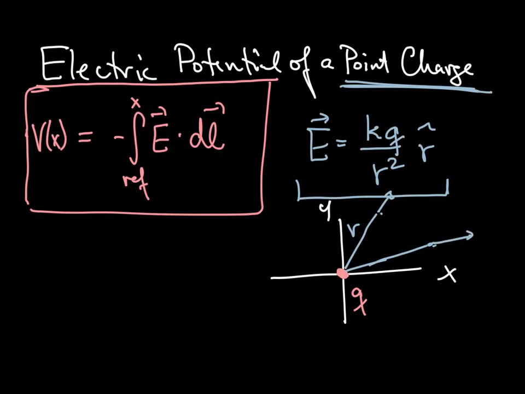So instead of thinking about what the field is doing, these field lines going out, we want to start thinking about what the electric potential is for this sort of thing.